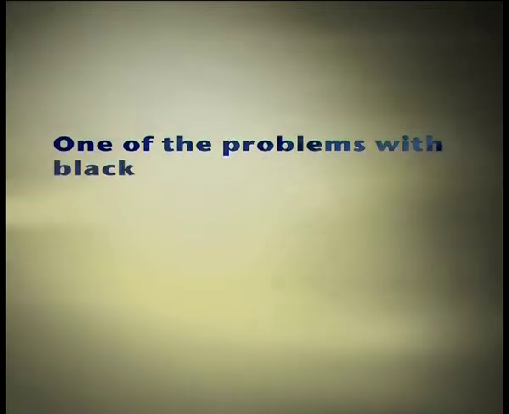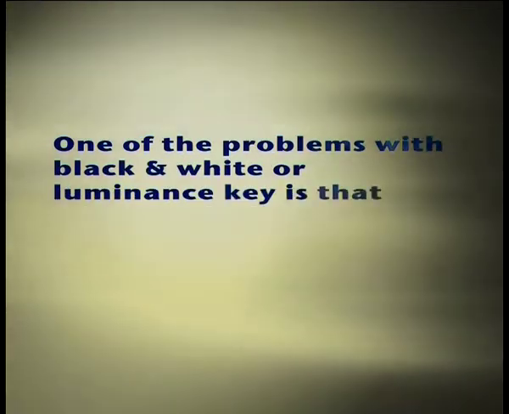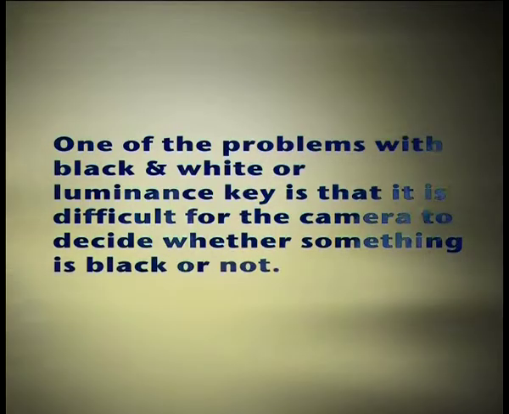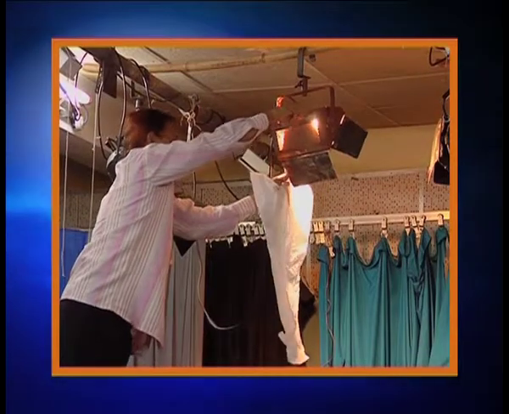One of the problems with black and white or luminance key is that it is difficult for the camera to decide whether something is black or not. Even with careful lighting, it is impossible not to have someone's hair, his eyes, or the shadow of a mic disappear and be replaced with another camera's picture.